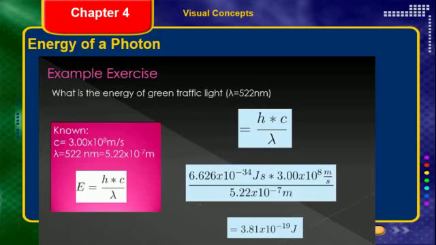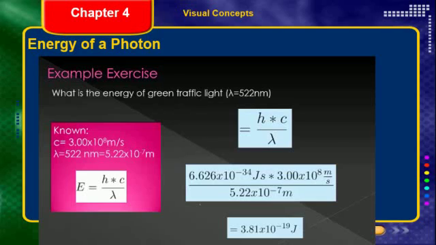Well, I can rearrange the c equals lambda nu equation and solve it for frequency, for nu, and I'll have a statement of what nu is equal to. And so in the equation E equals h nu, I'll actually substitute in speed of light divided by lambda for nu. So I'll make a simple substitution, and that allows me a situation where I can simply plug and chug.